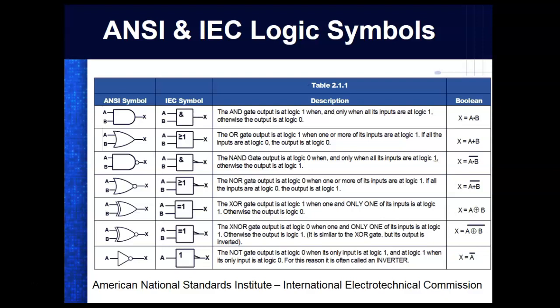See, exclusive OR, we get a 1 if they're not equal. Exclusive NOR gives us a 1 when they are equal. So it looks like these two symbols are reversed. I don't know if I got this table off the internet or if I cut and pasted them in there and got them wrong. But I need to look at that.